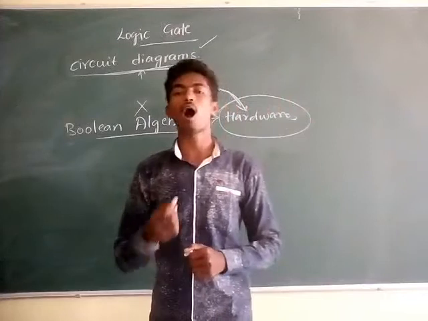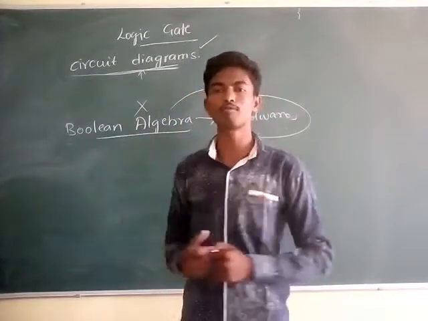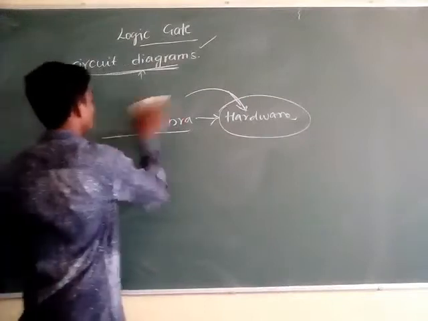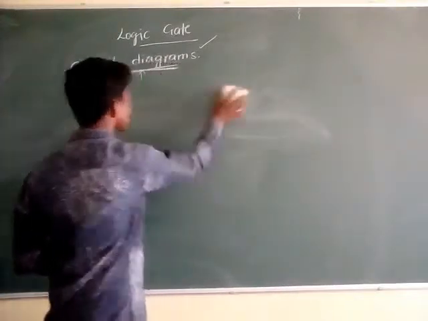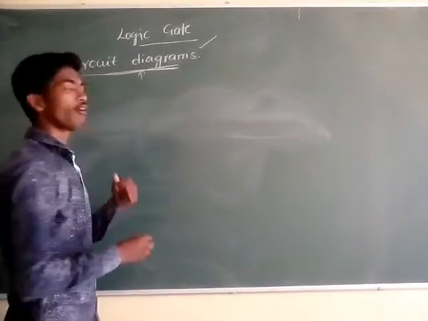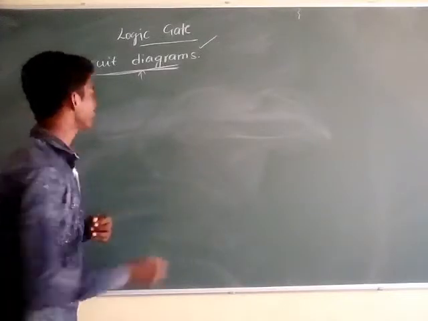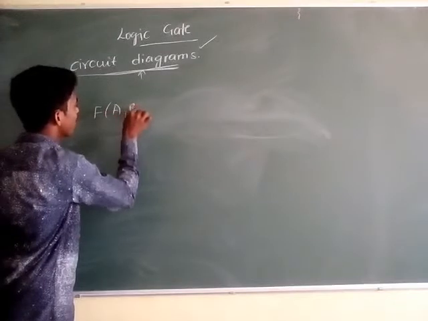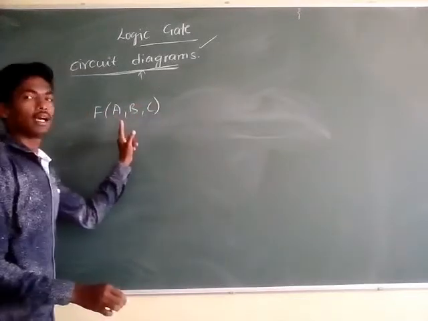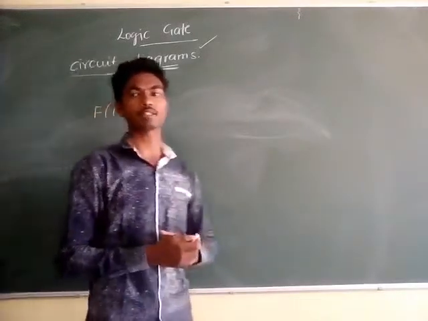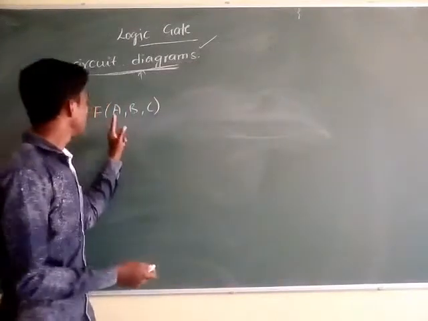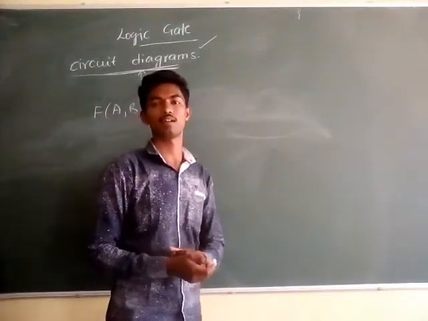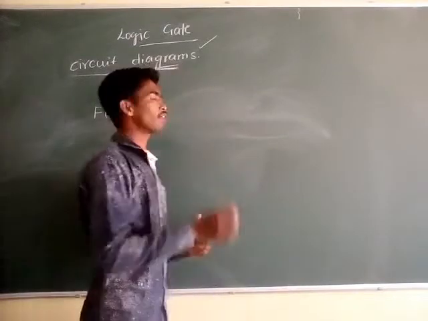Let us see how to draw the circuit diagram for given Boolean expressions. Let us consider a Boolean expression of a system containing three variables, f of a, b, c. Here f represents the function or Boolean expression, and a, b, c represent the logical literals in the given system.